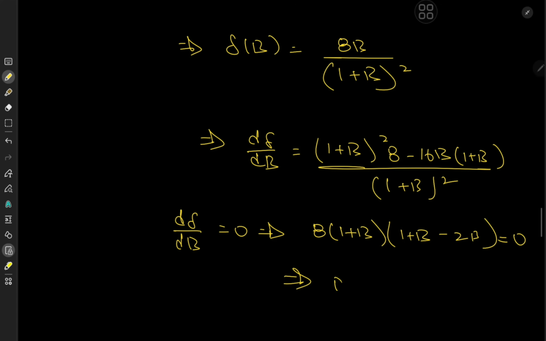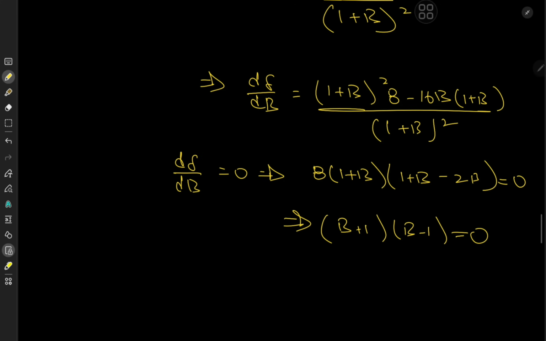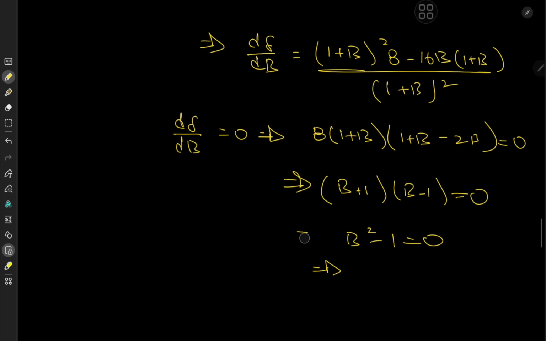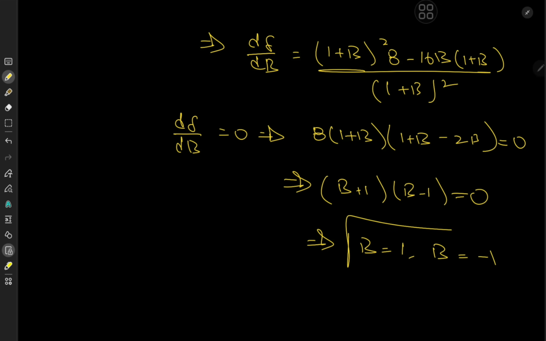But that would imply that b plus 1 times b minus 1 is equal to 0, which would imply that b squared minus 1 is equal to 0. So I could have just solved it via factorization up here. What am I doing? Why am I overthinking this? So b could be equal to 1 or negative 1.